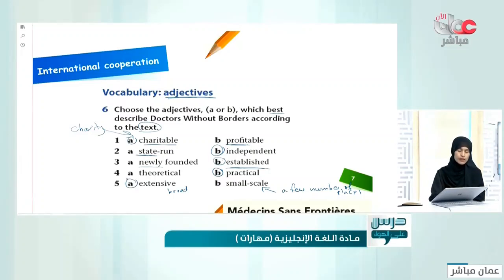Yes, it's an extensive organization. So these are some of the adjectives which could describe the Doctors Without Borders. It is a charitable, independent organization which was established very long ago, and it does practical work in an extensive kind of way.